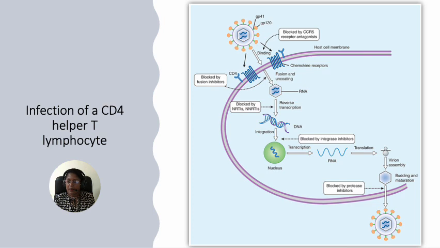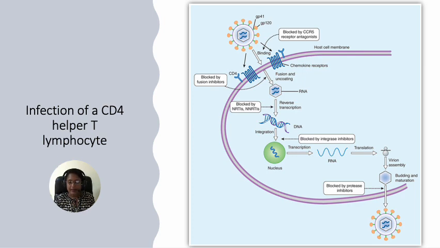Then assembly occurs, and when assembly occurs, the new active virus is released for a whole new round of infections, or the cycle to occur in other CD4 cells.